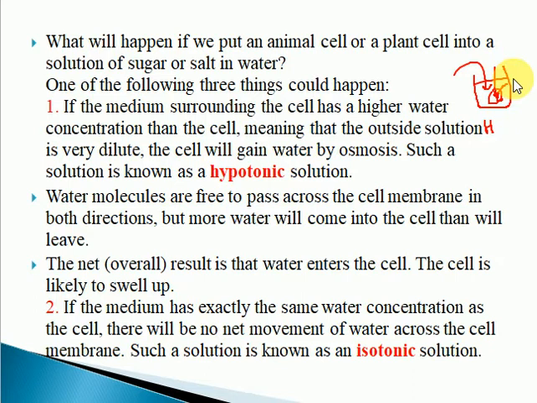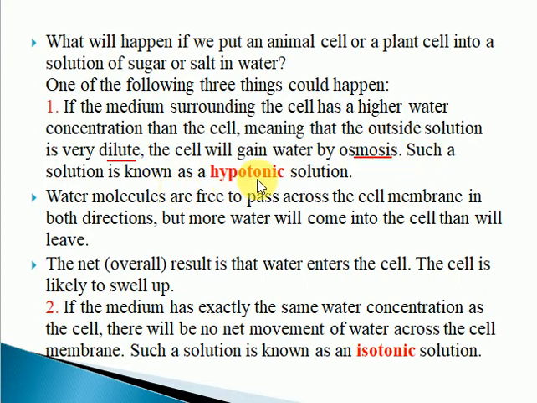So from outside the water would move towards the inner side, because we are concentrating on water concentration here. Water concentration is more towards outside, so from outside it would move inside the cell. Okay, so if the medium surrounding the cell has higher water concentration than the cell, meaning that the outside solution is very dilute, the cell will gain water by osmosis.